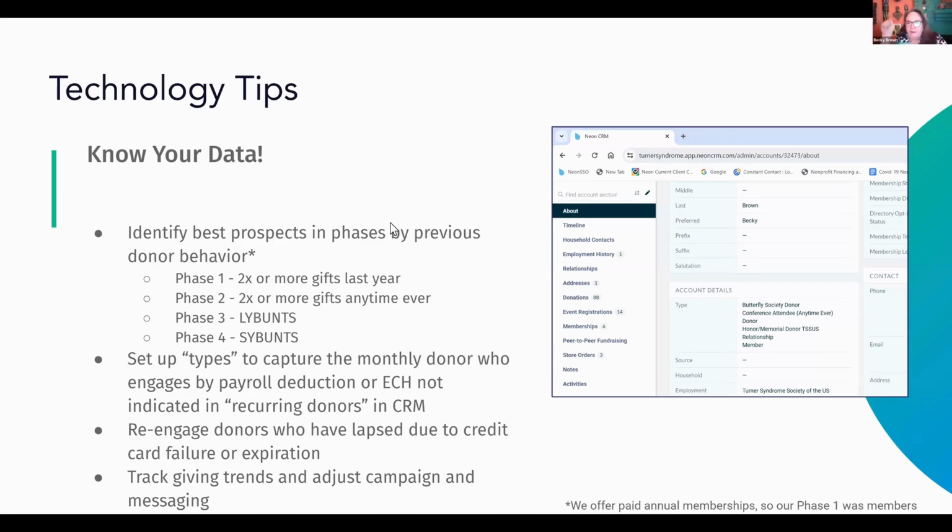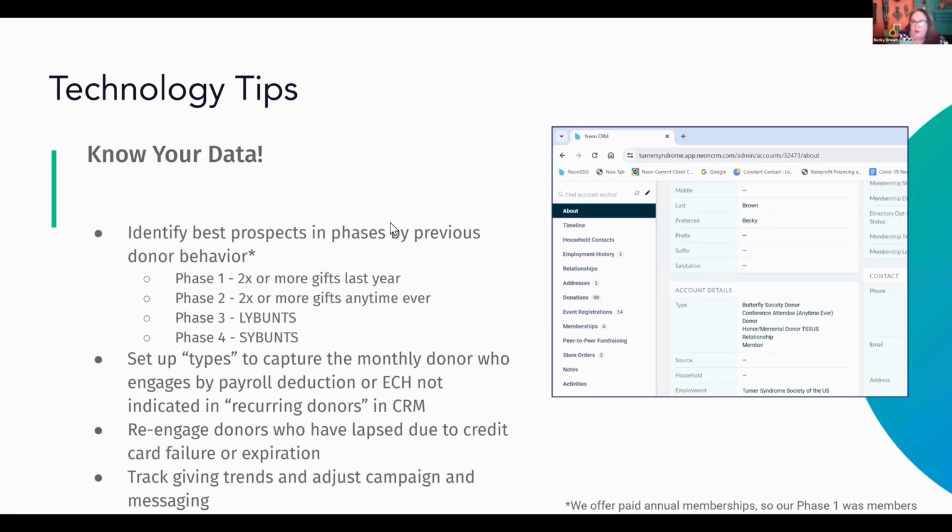When you're looking at fundraising, you can click on recurring donors and it'll list those people who are donating by credit card. We have people that mail us a check every month, an actual physical check. So those donors, those Butterfly Society members, are not captured in the recurring donor button in Neon.